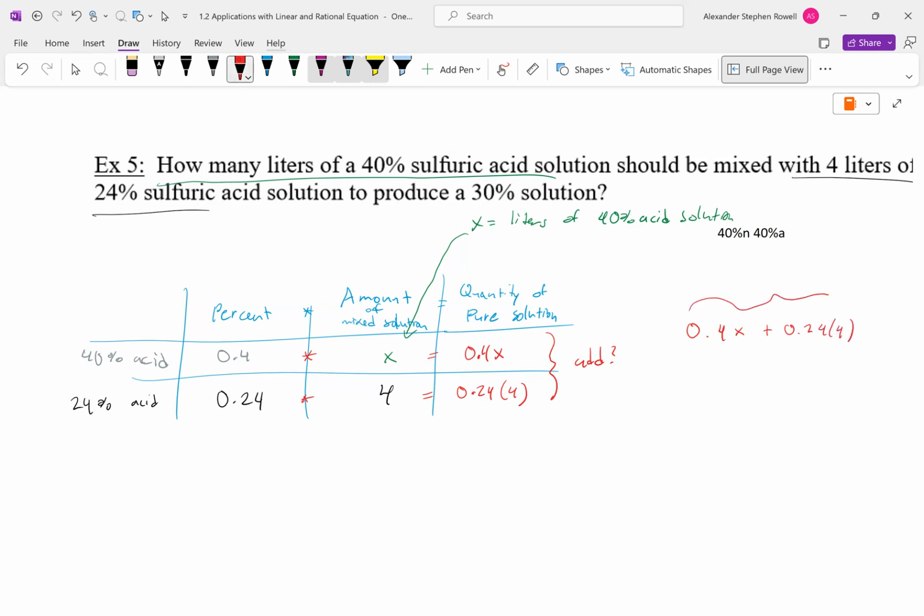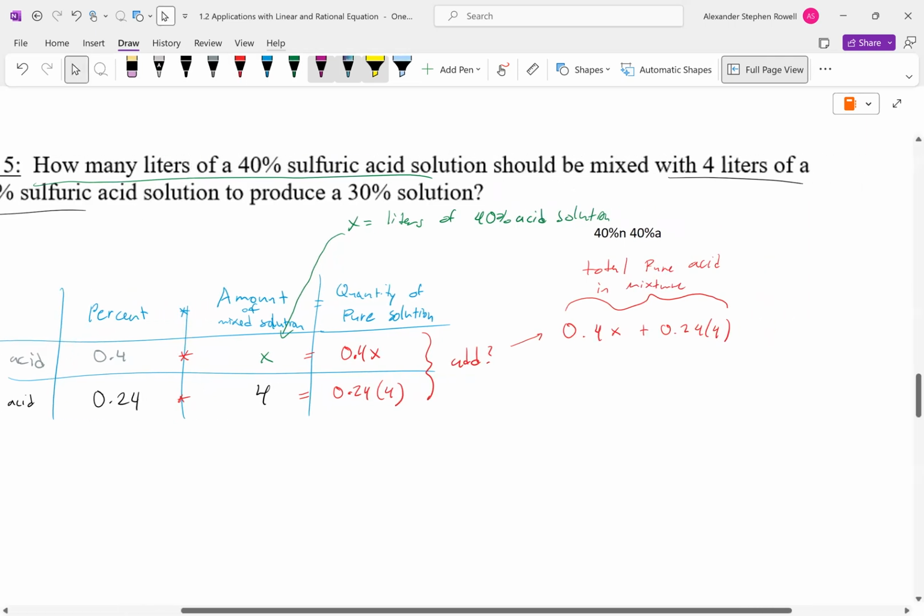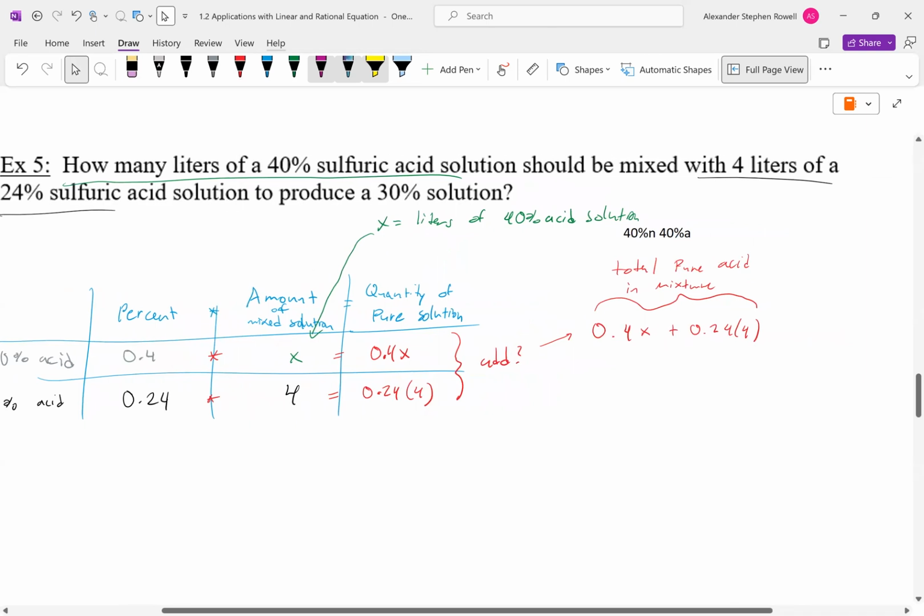Let me label this: total pure acid in that combined mixture. And we want this to be a 30% acid solution.